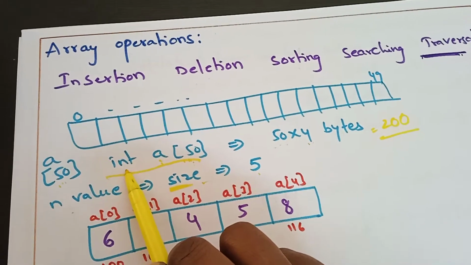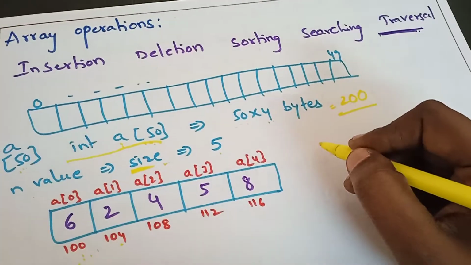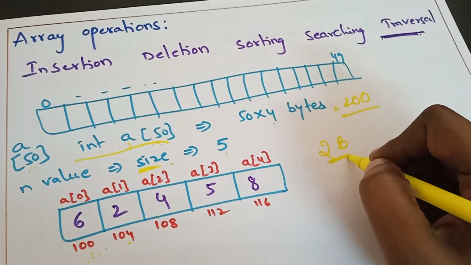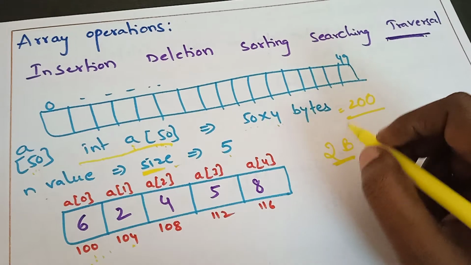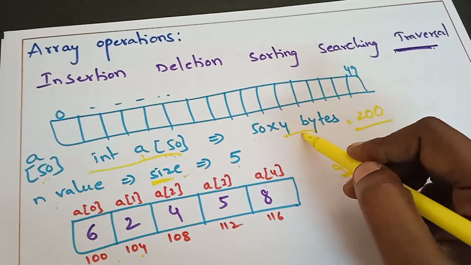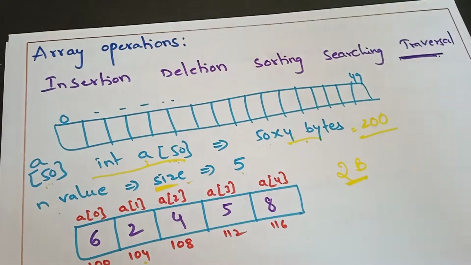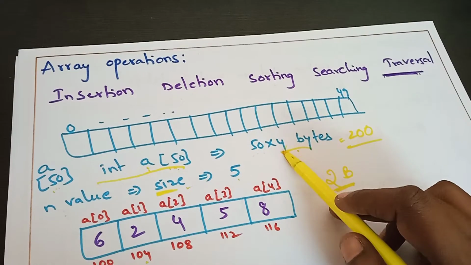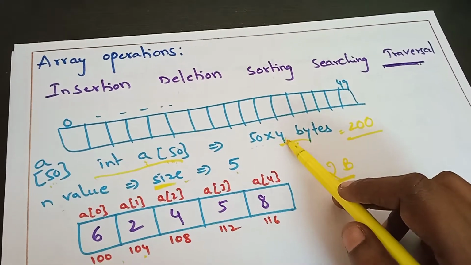For a traditional computer, the memory manager will take 2 bytes for an integer. For a typical computer, an integer will take 4 bytes, so I'm taking the example of 4 bytes. So 50 is the maximum size, and 4 bytes is the memory required for each element.